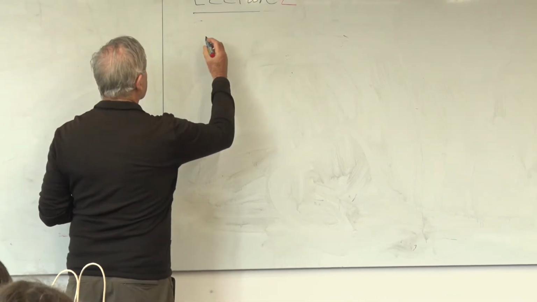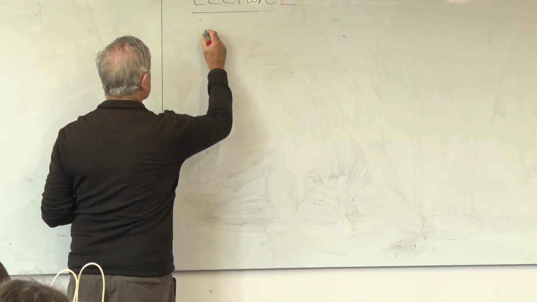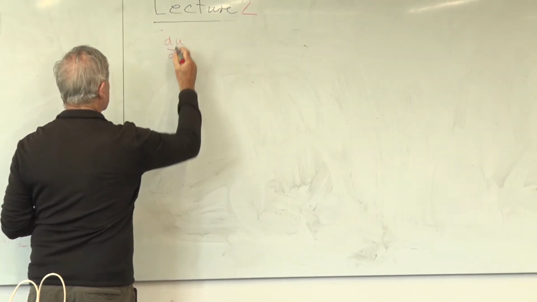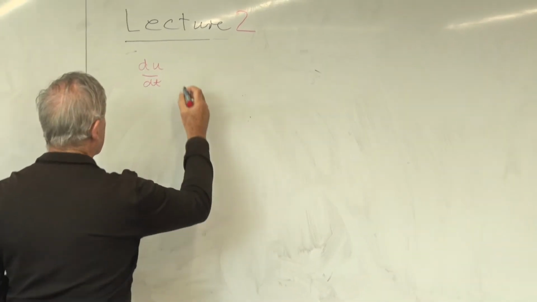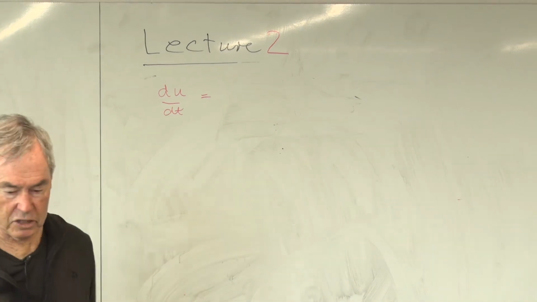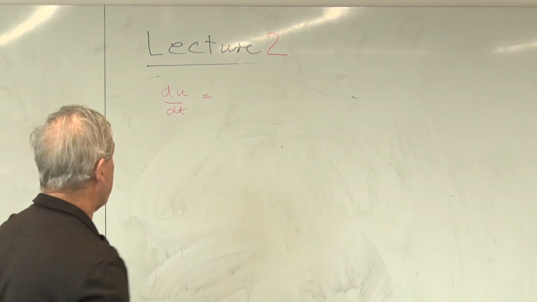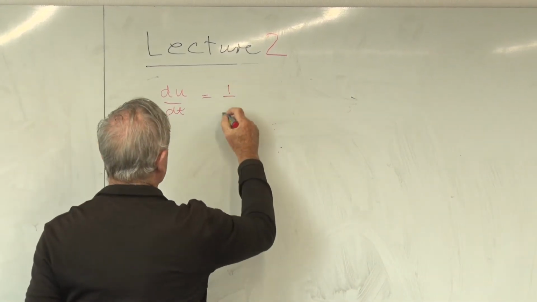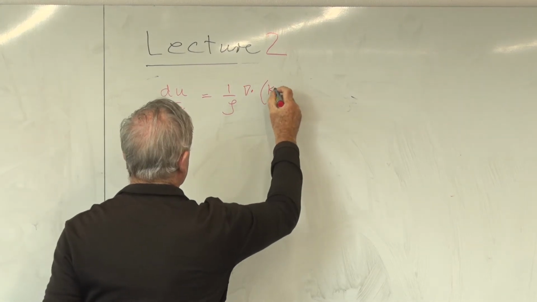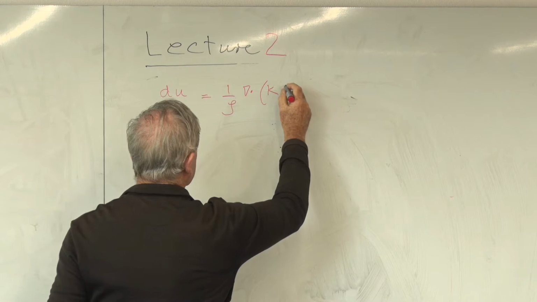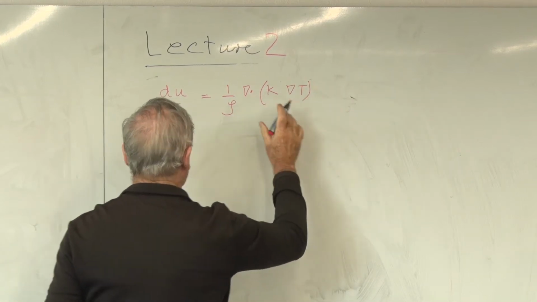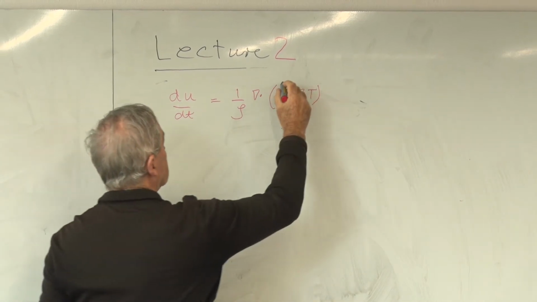Here is, I'll use red because it's heat. du/dt, this is thermal energy per unit mass, is equal to minus, I'll get the notation right here, 1 on rho div, that should be a kappa, grad T. Now this is a heat conduction term.